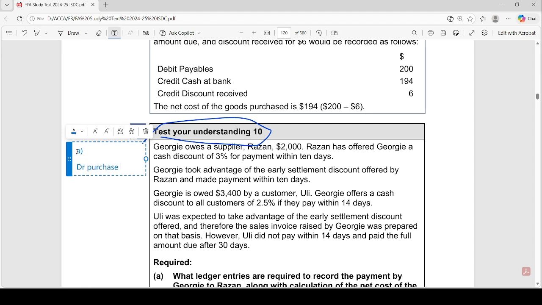Debit purchase will be $2,000. Credit cash will be, I need to calculate, $1,940, and on the credit side will be also discount received of $60.